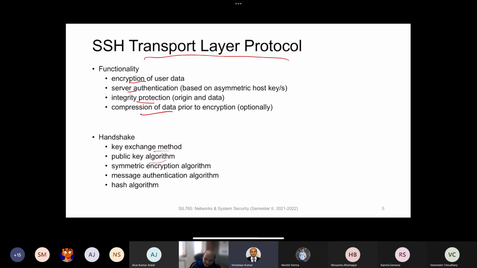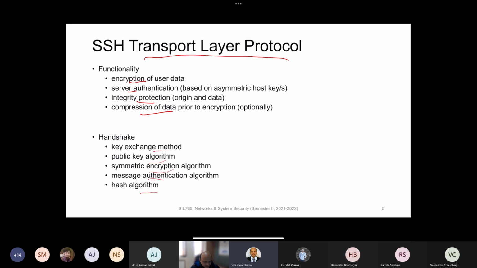It must have a public key based algorithm, so public key based encryption and digital signature algorithms, a symmetric key based encryption algorithm, a symmetric key based message authentication code generation algorithm, and it should also have a hash algorithm. During the handshake, all of these algorithms are agreed upon between the client and the server. So this is again very similar.